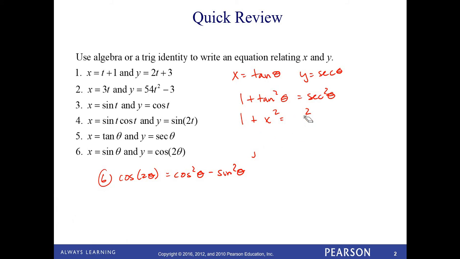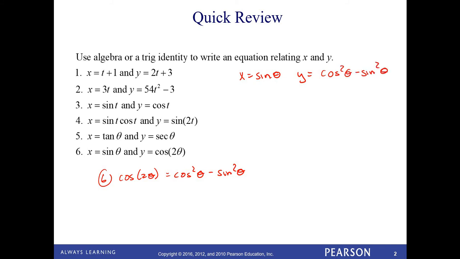Okay, and this is the identity we're going to be using. So let's see what we've got. I've got x equals sine theta, and I'm going to change y to cos squared theta minus sine squared theta.